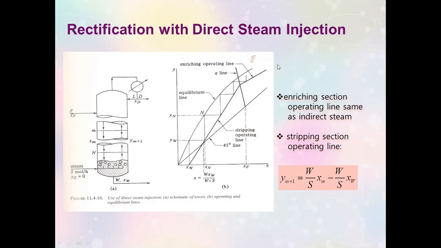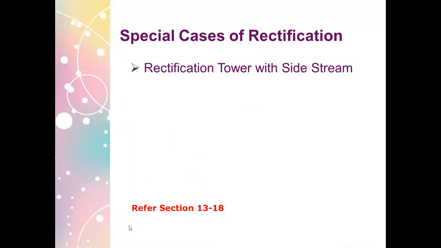That way we will be able to get the intersection of the two by solving the two equations simultaneously. That is as a review, because we have discussed it also last meeting. So this is the case of rectification using direct steam injected into the still. So no need for the reboiler.